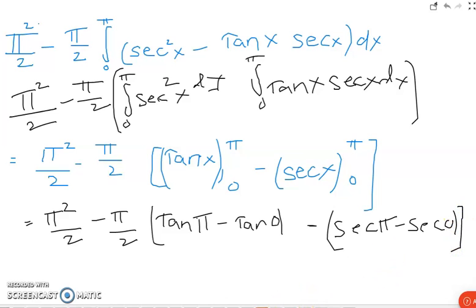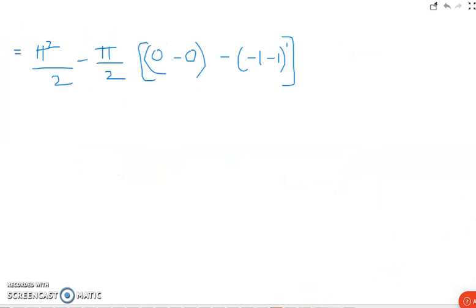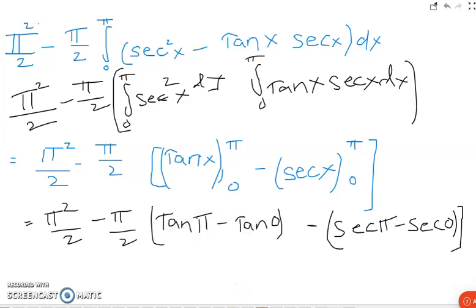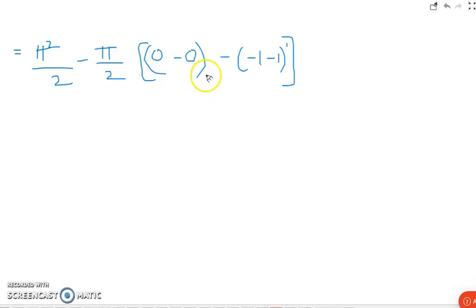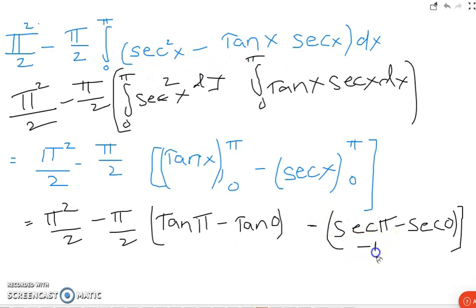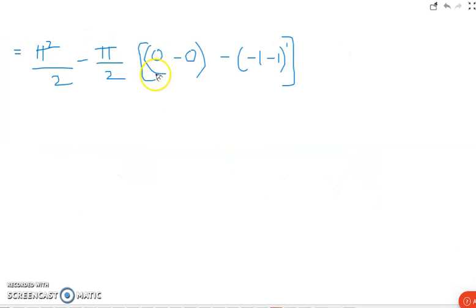The value of tan pi is 0, and tan 0 is also 0. Sec pi is minus 1 and sec 0 is 1, so 0 minus 0 minus minus 1 minus 1.